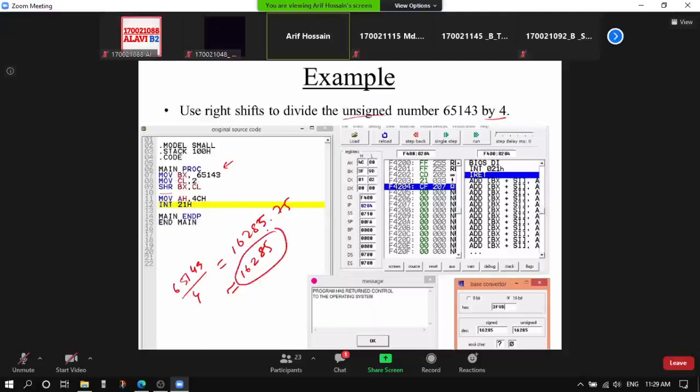So this should be your answer. You see your answer is 3F9D. If you convert 3F9D, as unsigned you get 16285. Exactly the same answer. Do you have any question on this slide? No, sir. Is it clear, everyone? Yes, sir.